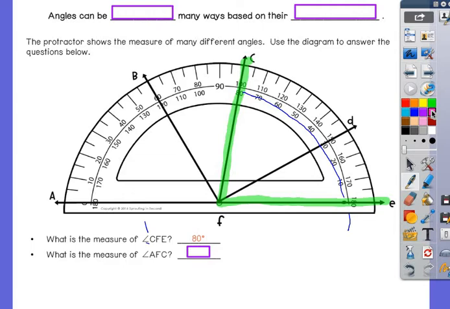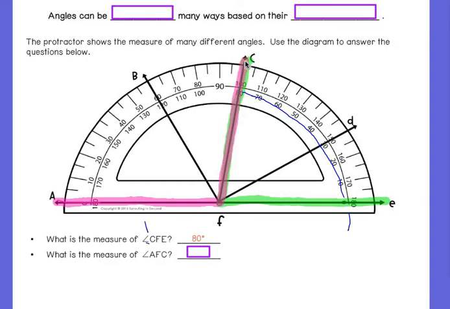AFC is my next one, so I'm going to highlight in a different color. AFC is the angle I'm looking at, and I need to measure that. So in this case, am I using the top set of numbers or bottom set of numbers? Top, because it starts at 0.